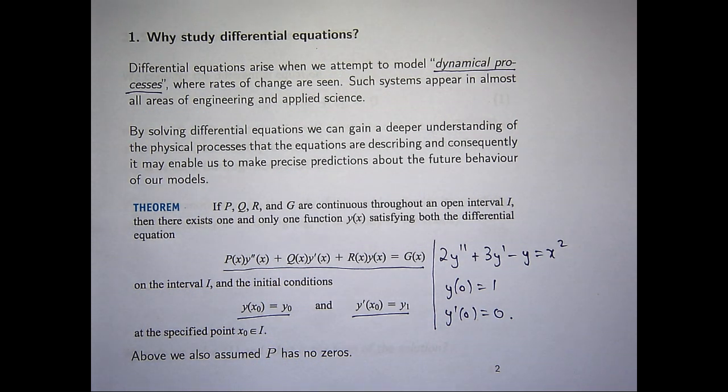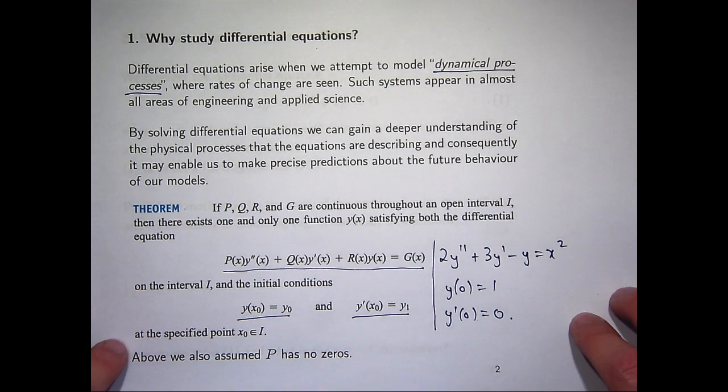The problem on the right is a much simpler version of the general setup there, because the coefficient functions, the p, q, and r, are all constant functions. And in fact, some of you may remember these kinds of equations.